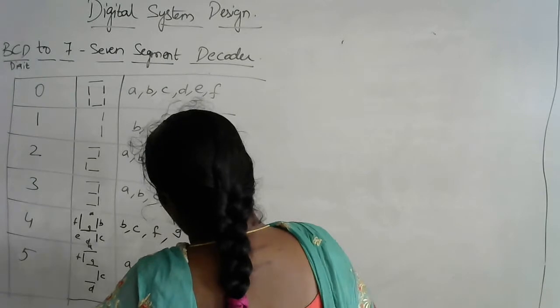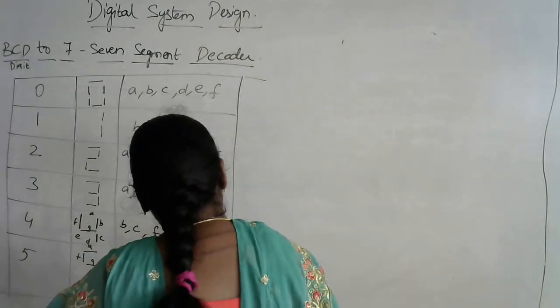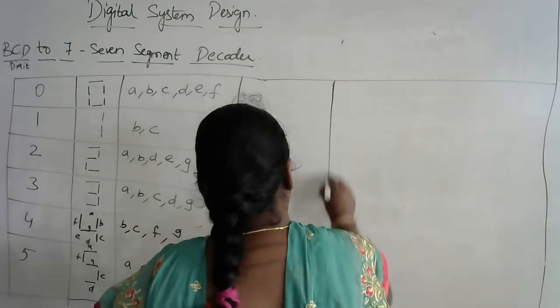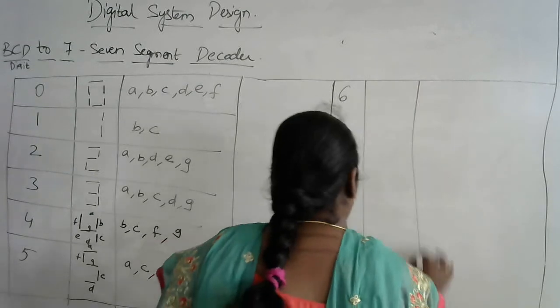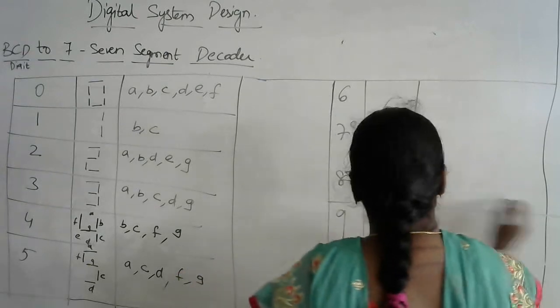So here the remaining values are 6, 7, 8, 9.